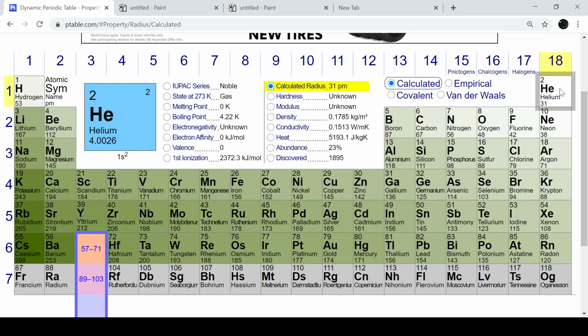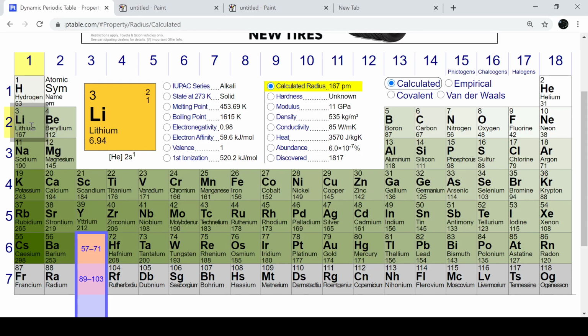Now, if we go to lithium, which is number 3, we would expect that that radius is going to get bigger. Okay, so we're going to go to lithium now, and we see that it has ballooned out to 167 pm. Okay, so it got really big because now it has a whole new energy level, but there's only 3 protons pulling on that energy level.